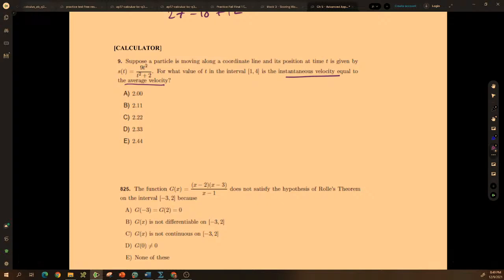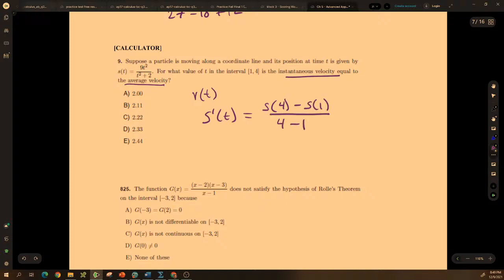So instantaneous velocity would be v of t or s prime of t. And the average velocity would be s of b, which in this case is 4, minus s of 1, over 4 minus 1. Right, so this is the derivative equal to the average.